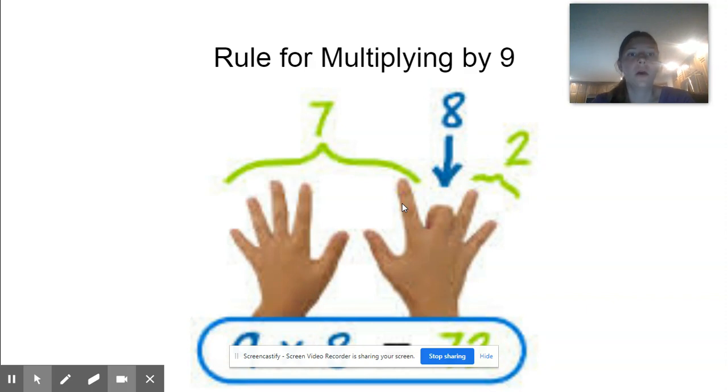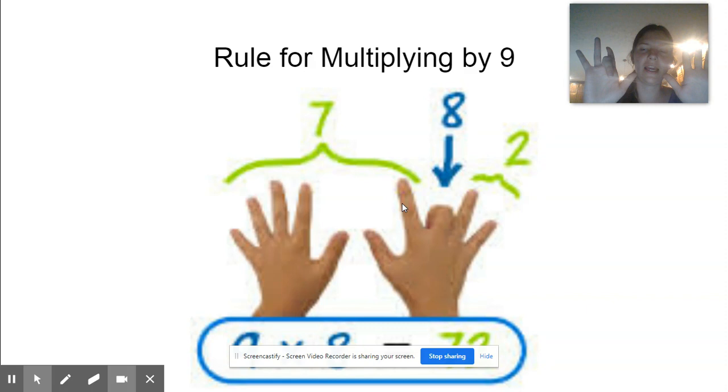Okay, here's just a really quick rule for multiplying by 9 if you like using your hands. In this example, you're doing 9 times 8. Starting with your pinky finger, you're going to count over 8 fingers. So I'm going to start over here. I'm going to count 1, 2, 3, 4, 5, 6, 7, 8.